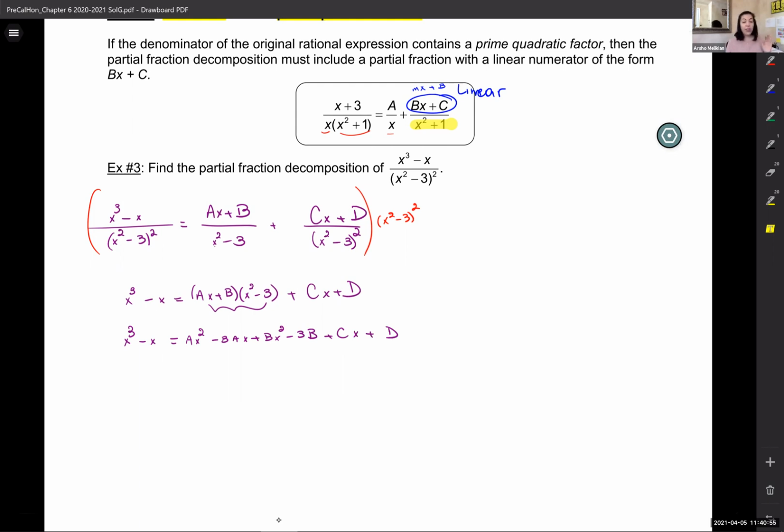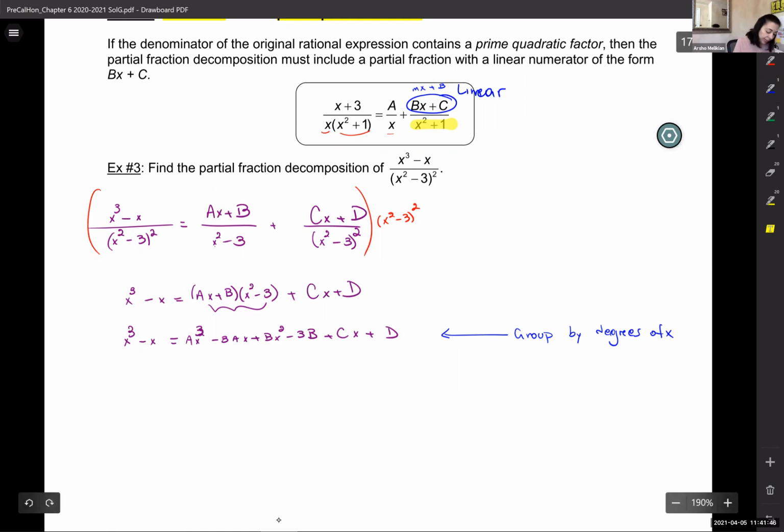Okay, this next step and on is my absolute favorite. Okay, now what we're going to do at this step is group by degrees of x. So write all of the x cubes together, the x squares, the x's, and the constants.